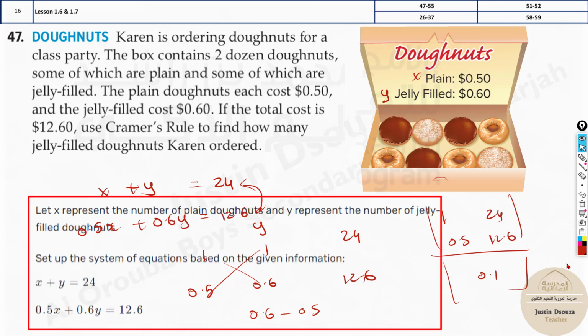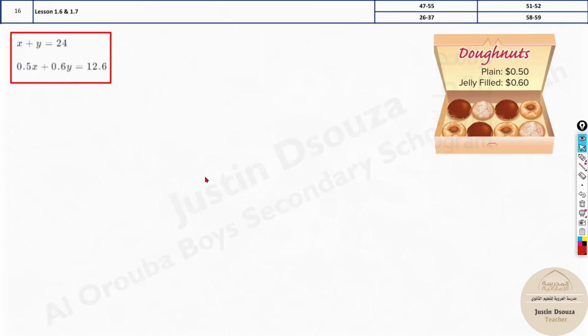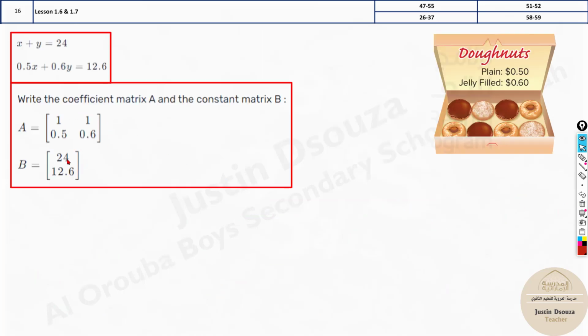So we will directly jump to the answer. See over here, these are the equations. x plus y is 24 and 0.5x plus 0.6y is 12.6. And then you can easily write the coefficient matrix. And what is the other matrix? You consider it B or anything. So that was 24 and 12.6.